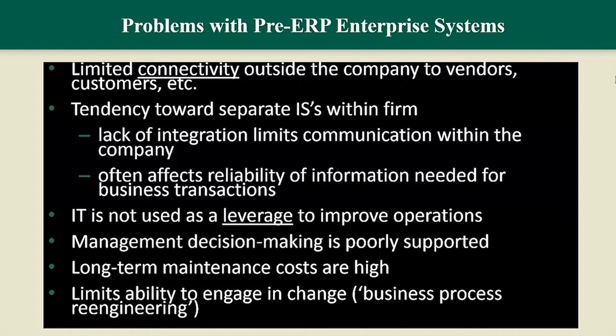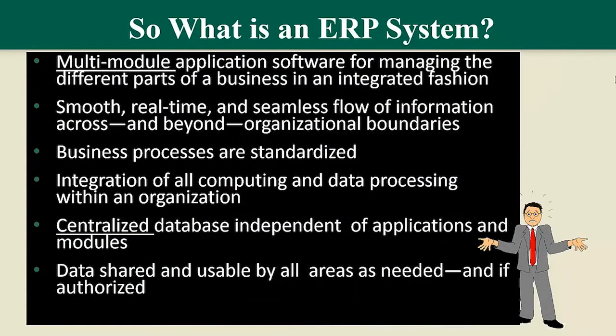So let's see how ERP systems help us solve these problems. So what is an ERP system? It is a multi-module application software for managing the different parts of a business in an integrated fashion. It provides smooth, real-time, and seamless flow of information across and beyond the organizational boundaries.